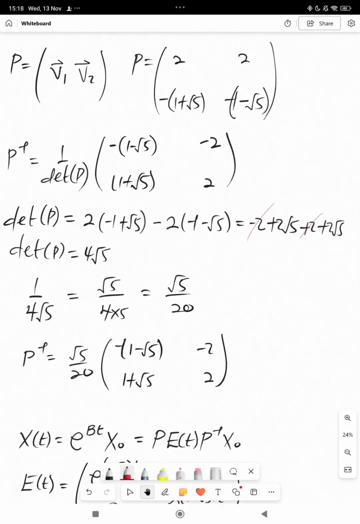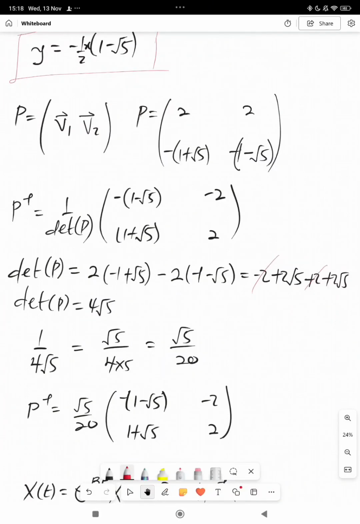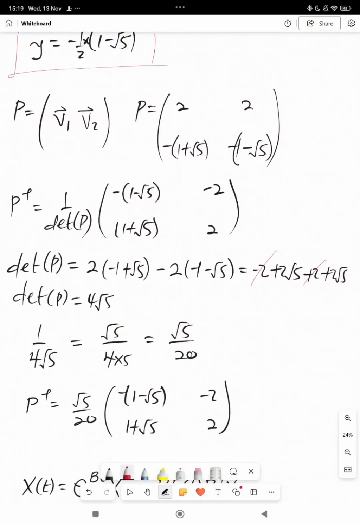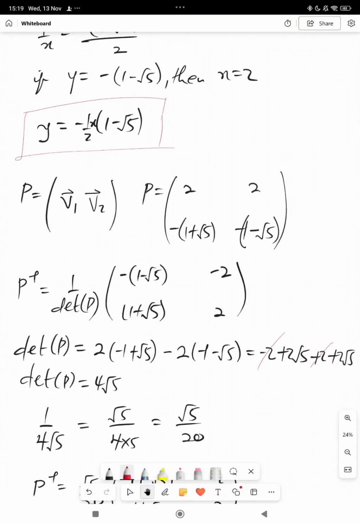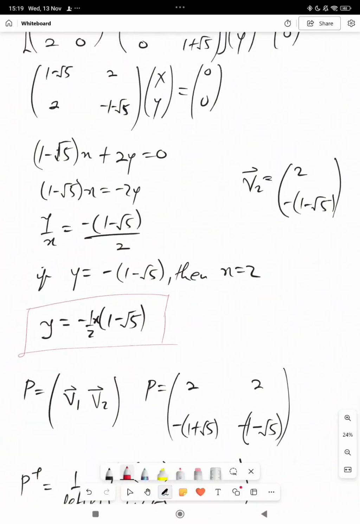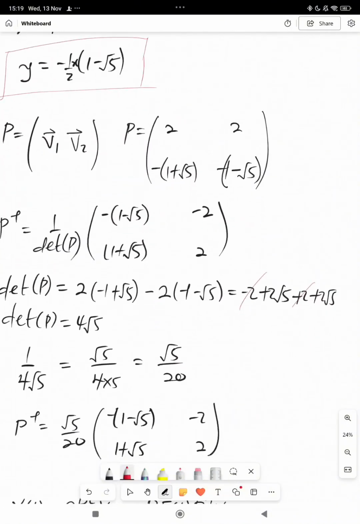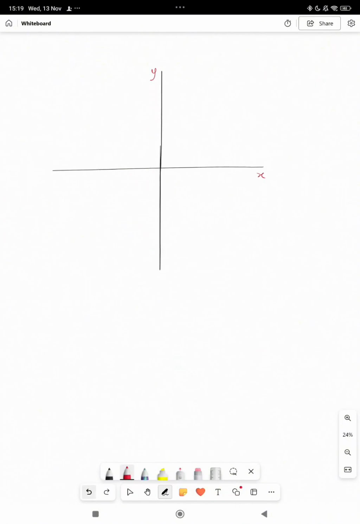That's going to give us our phase lines that we will need to plot our solution. So we need to plot y equals -1/2 x (1 + √5), and y equals -1/2 x (1 - √5).